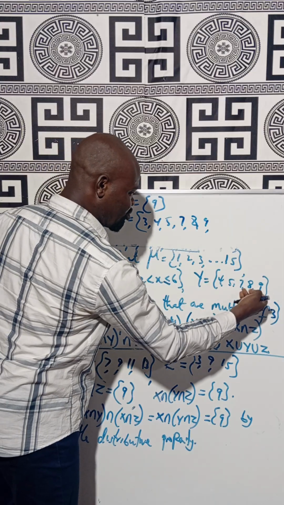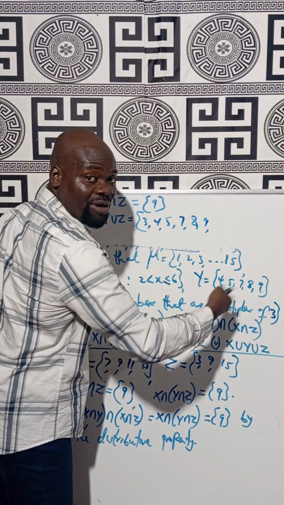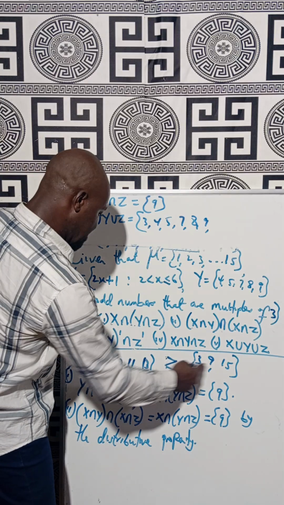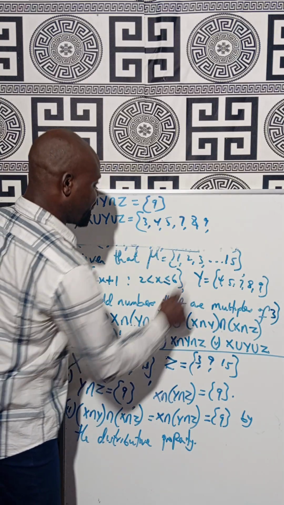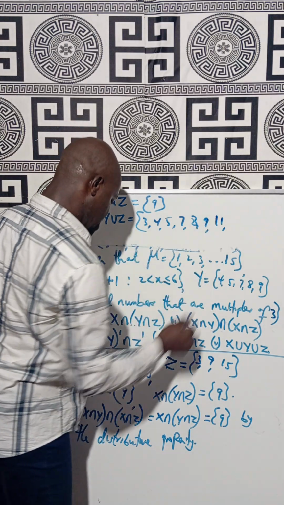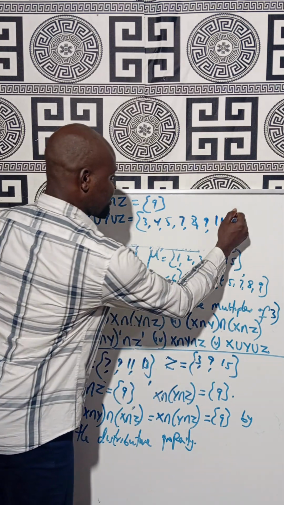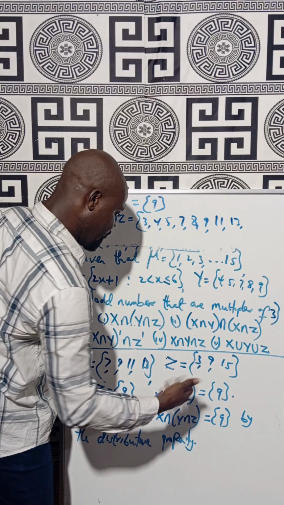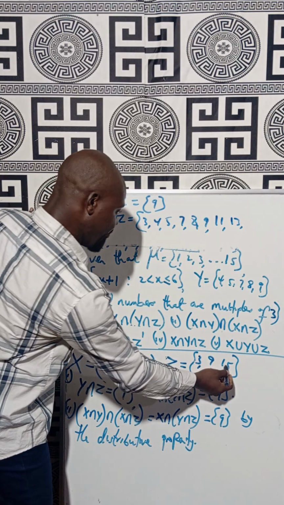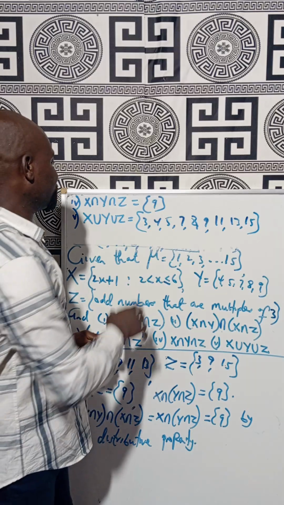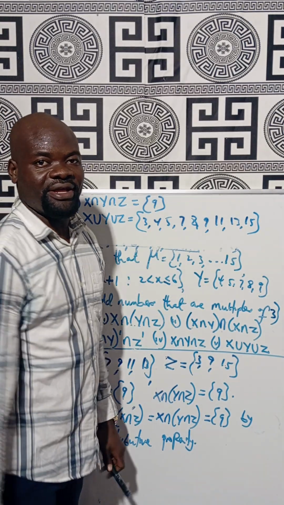Once you're writing this, you don't have to bother about order, since 7, 8, 9 are one after the other. Then let's see 10. No 10. Then we have 11. No 12. We have 13. No 14. Then we have 15. So that's the result. That's the union of everything.